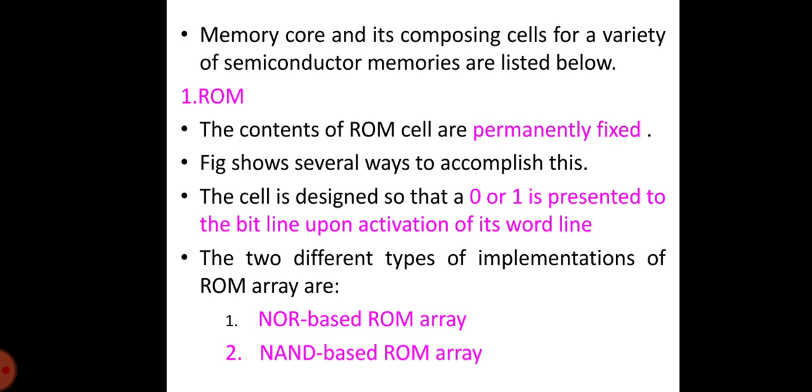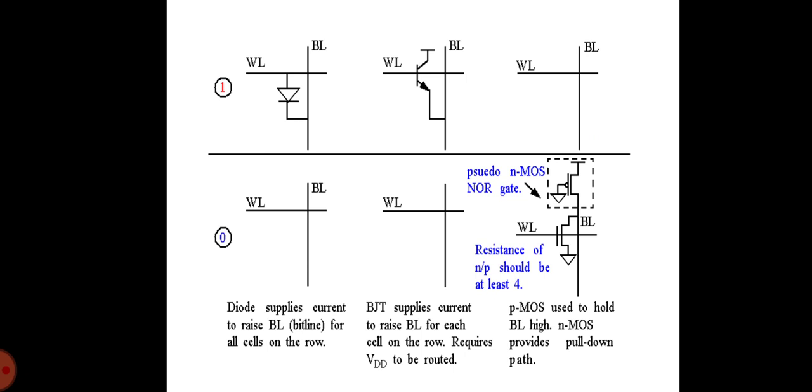The fact that the contents of the ROM cell are permanently fixed considerably simplifies its design. So the cell shall be designed so that a 0 or 1 is presented to the bit line upon activation of its word line. And now you can see several ways to accomplish this, that is NOR and NAND ROMs.